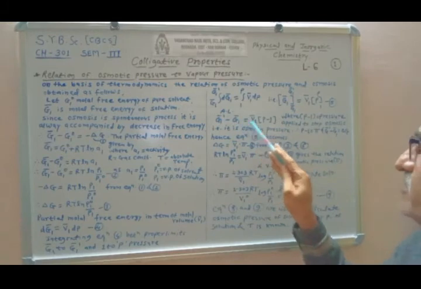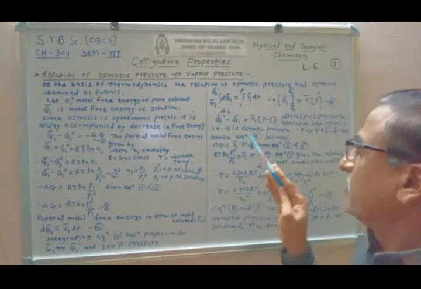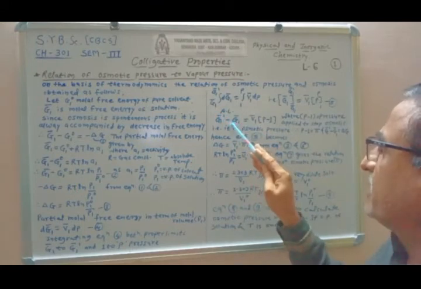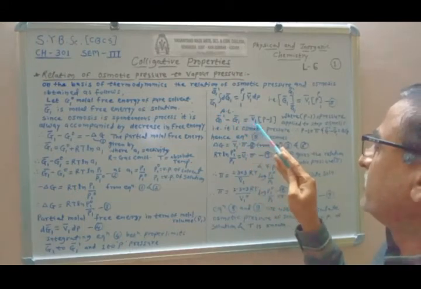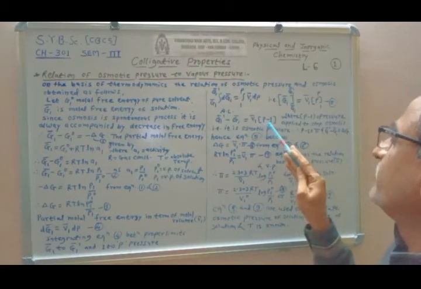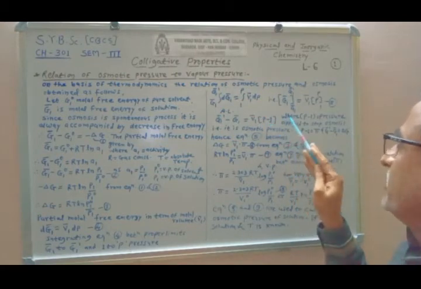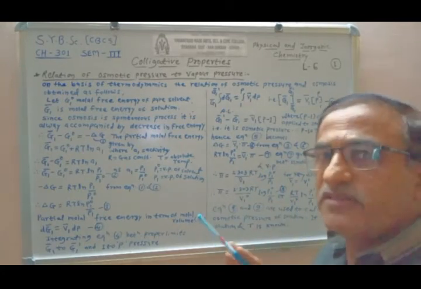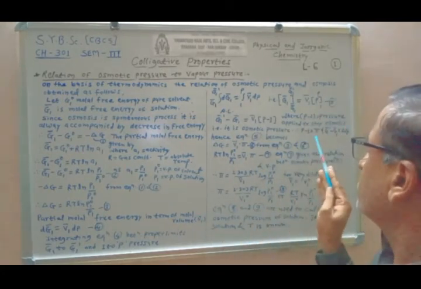So we have the relation G1 dash bar minus G1 bar is equal to V1 bar into bracket P minus 1, where P minus 1 is the pressure applied to stop the osmosis. It is also known as osmotic pressure.